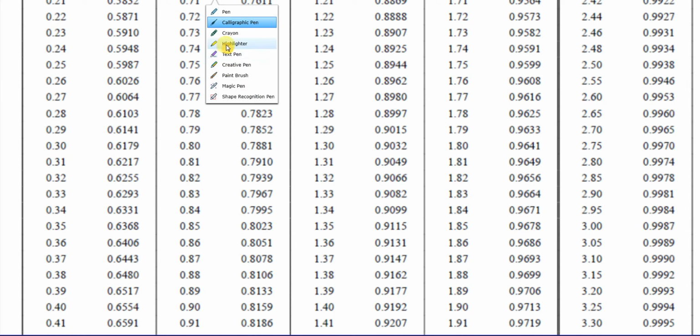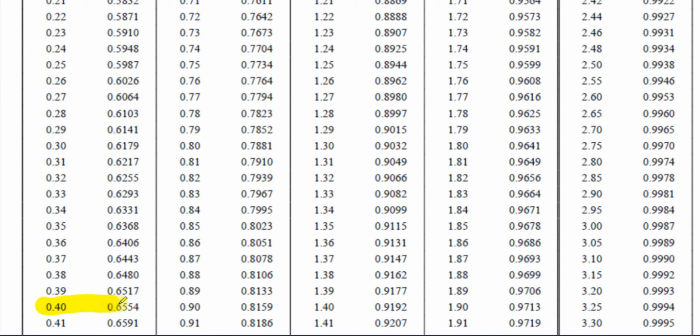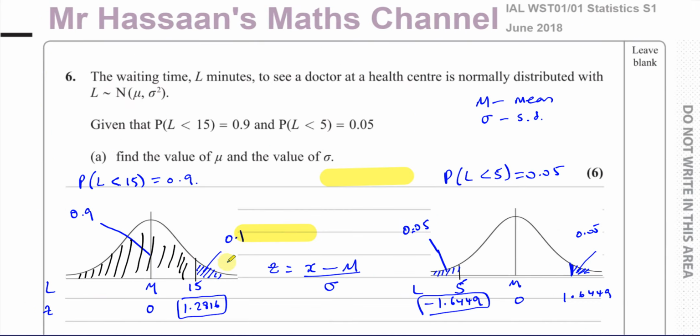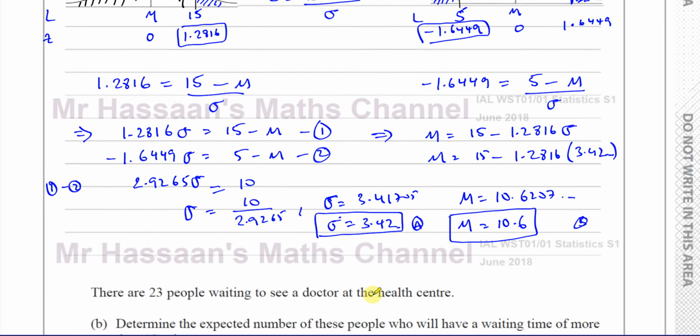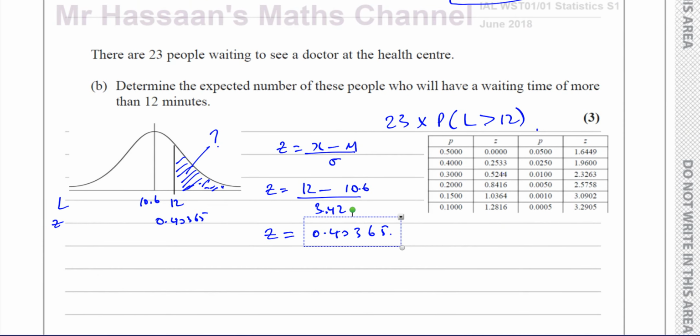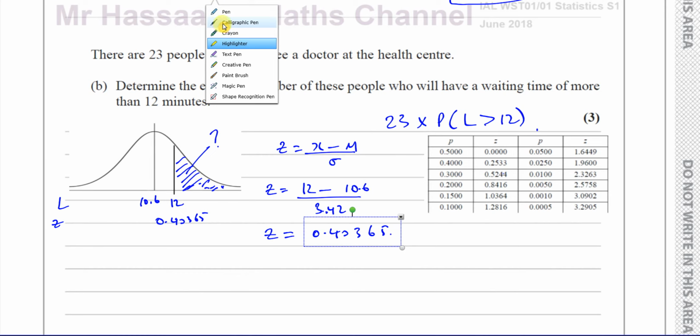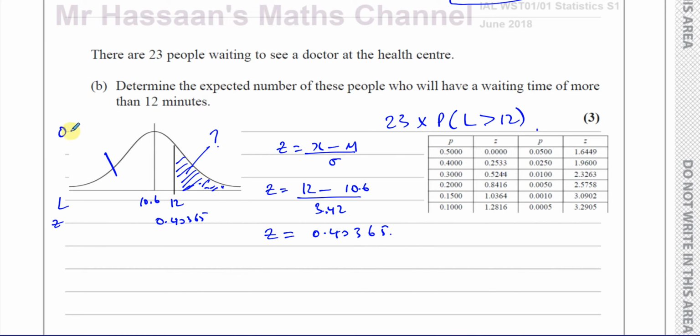That's the Z value that I have, and this is the area to the left of that Z value. So the area to the left of that Z value is 0.6554. That means this area is 0.6554.